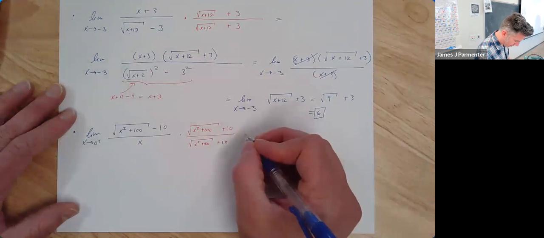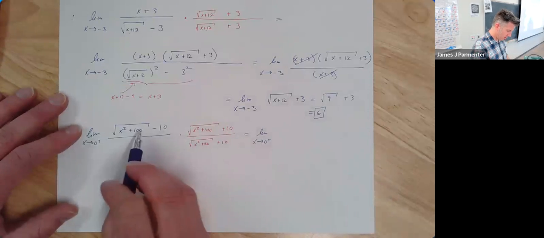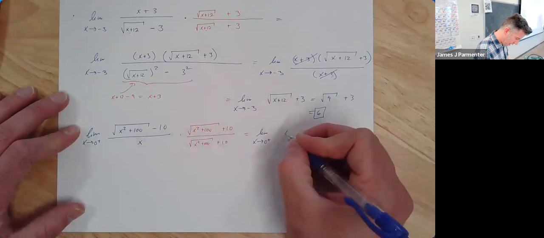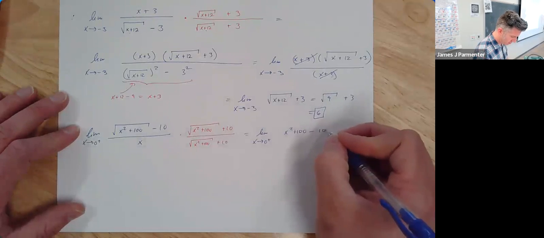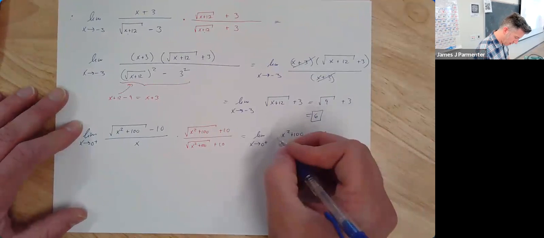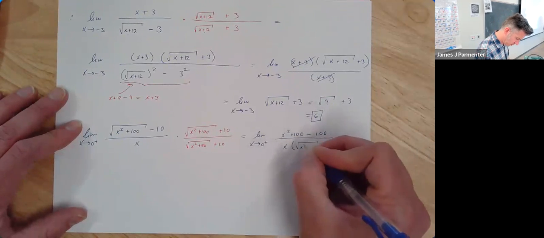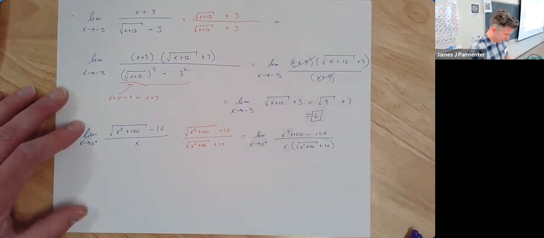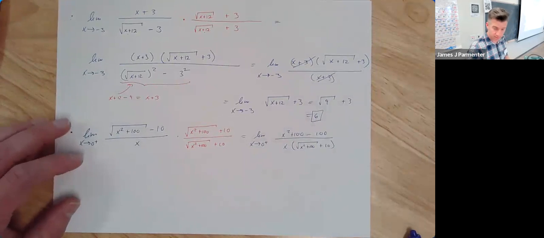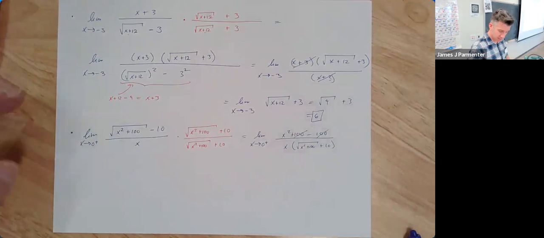So if I'm going to do this here, I'm going to get the limit as x approaches 0 from the right. So when I multiply the top out, I get x squared plus 100 minus 10 squared. On the bottom, I get x times all that stuff, square root of x squared plus 100 plus 10. Cancel the 100 minus 100.